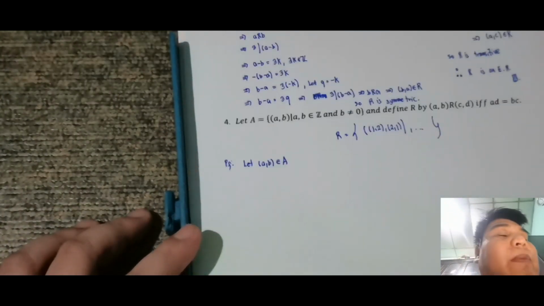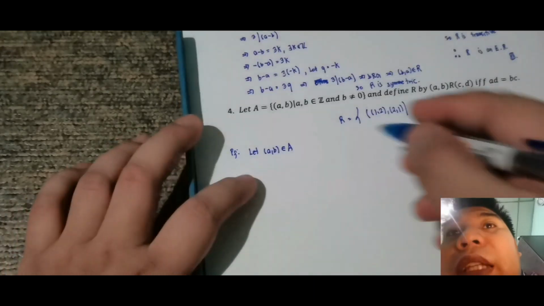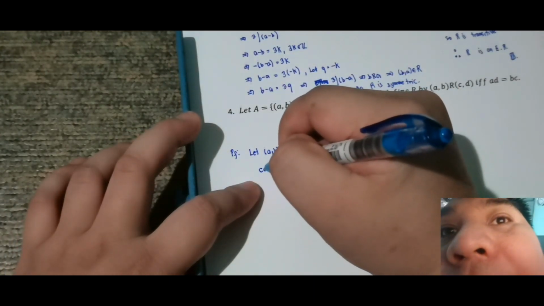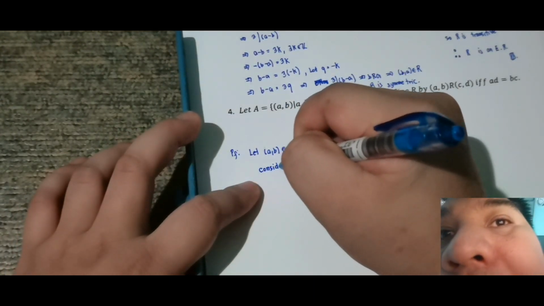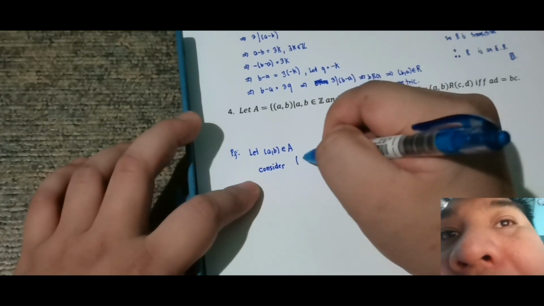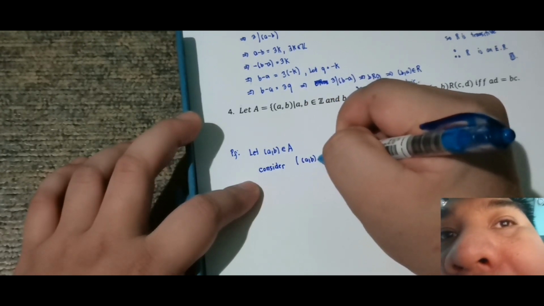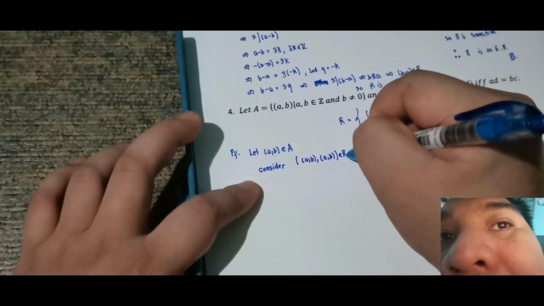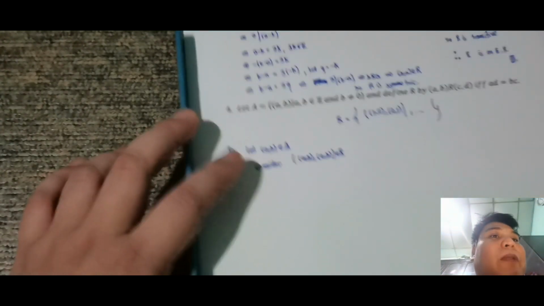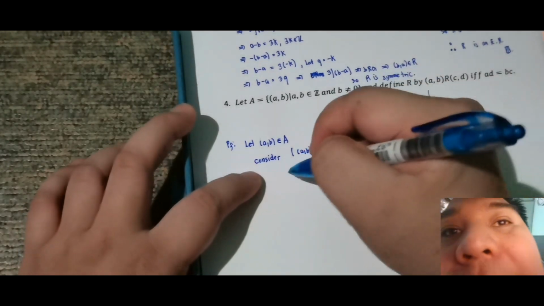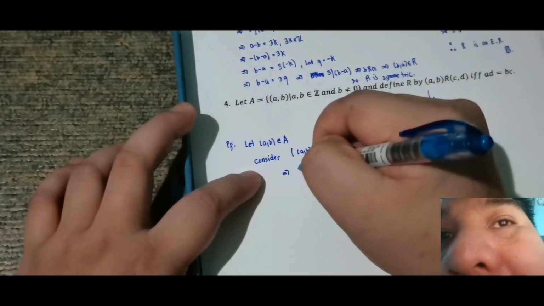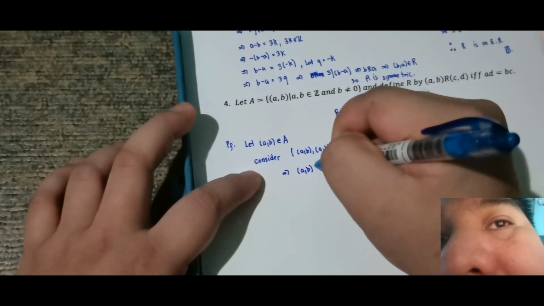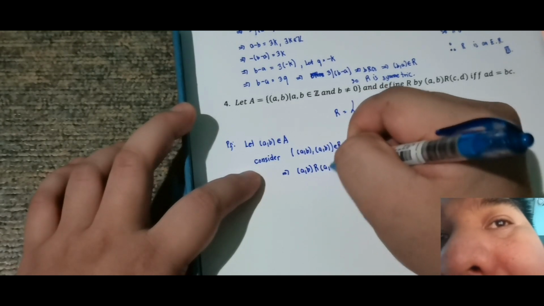So automatic let (a, b) element of A. So ngayon ang goal natin, consider natin si (a, b) element of R. Kasi yan yung pagiging reflexive niya dyan. Okay, so this implies that (a, b) is related to (a, b).